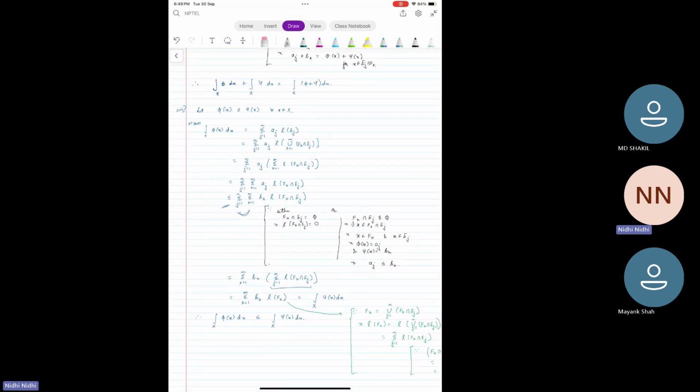Okay. Next we'll look at some results of convergence of integrals. One result we already know: if we have a sequence of continuous functions that converges uniformly to a function f, in that case limit and integral can be interchanged.